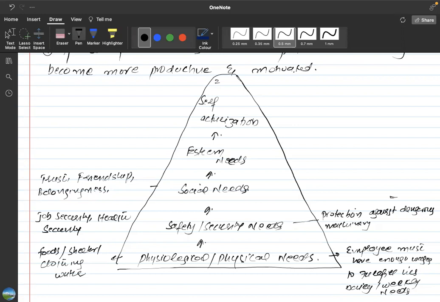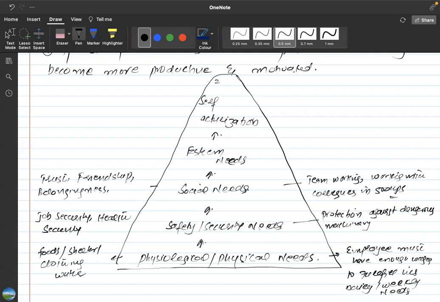So people work, become colleagues, make teams. Team working, working with colleagues in groups are the social needs of the employees.